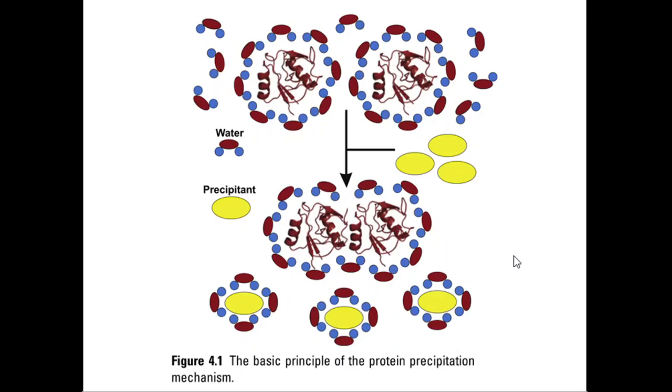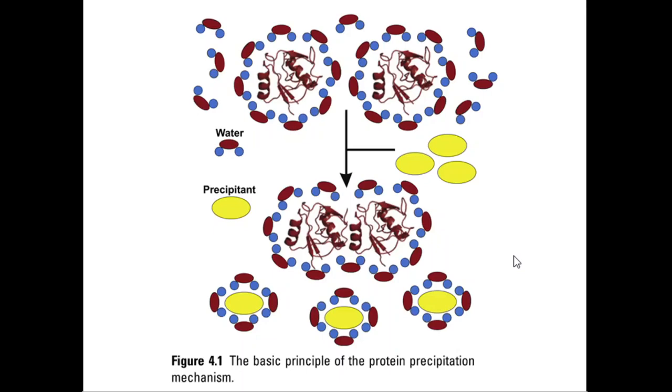When we add ammonium sulfate at low concentration, we see an effect called salting in. Now what is happening in the salting in process?